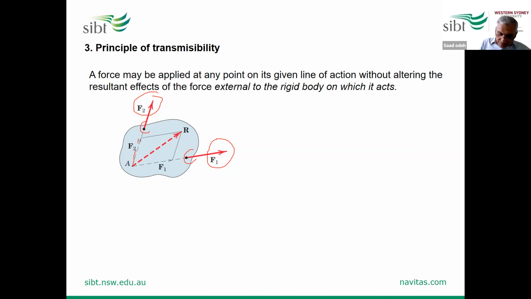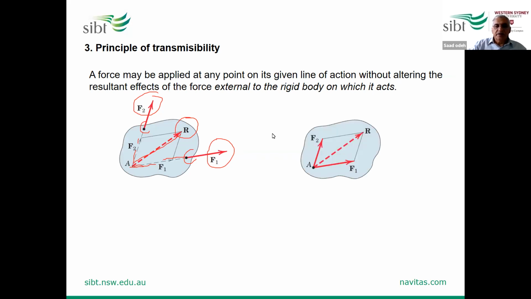F1, I can extend it backward like this, and then the intersection point between these two lines represents the point A, the point where the resultant force of these two forces acts on the body or object.